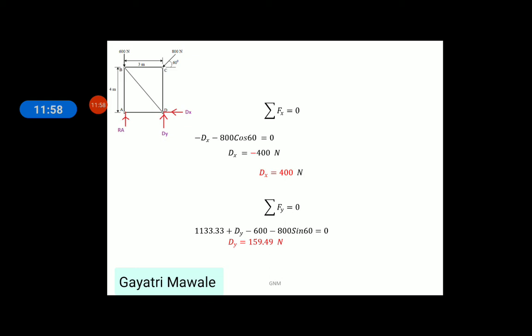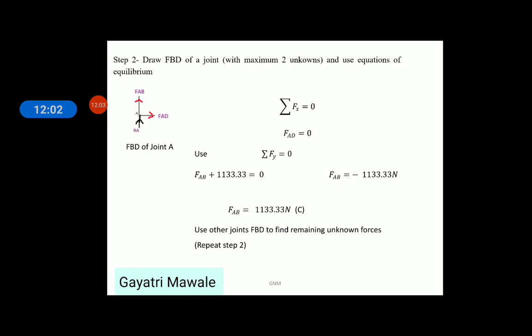So we cannot start with D joint. I have drawn here FBD of joint A, because at joint A only two forces are unknown, which are force in AB member and force in AD member. I have assumed both these forces going away.